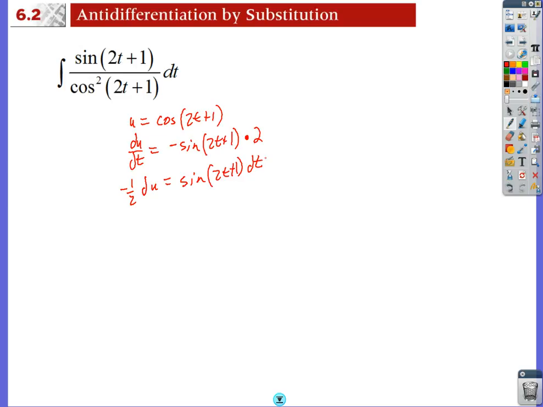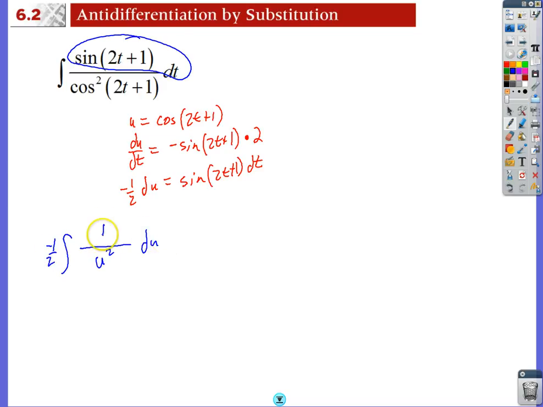Again, now when I plug in, what I need to be seeing here is that I have the integral of, well, cosine squared, that's going to be u squared, sine 2t plus 1 times dt. Here it is, sine 2t plus 1 dt is going to be negative 1/2 du. The negative 1/2 can come out here. du goes here.